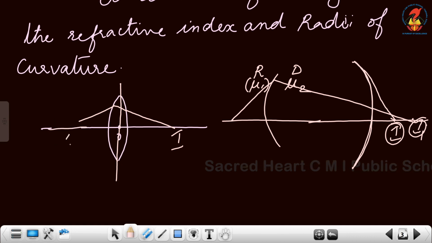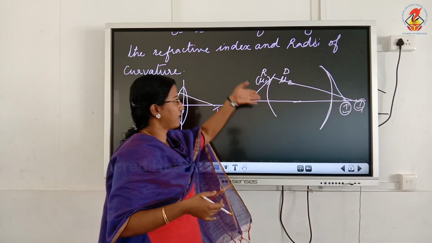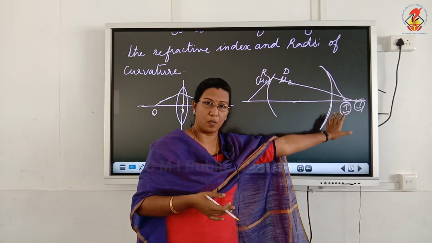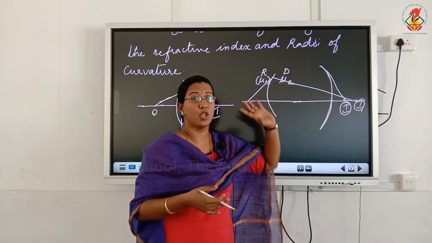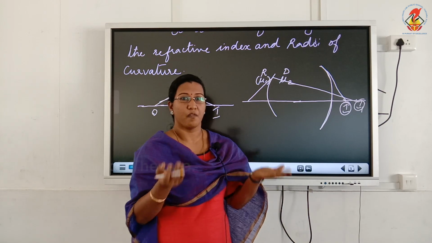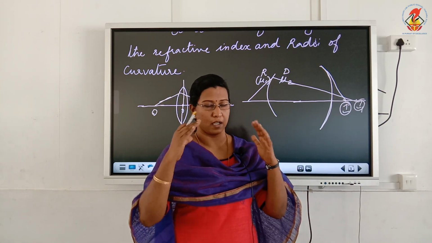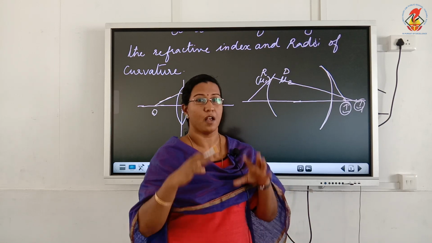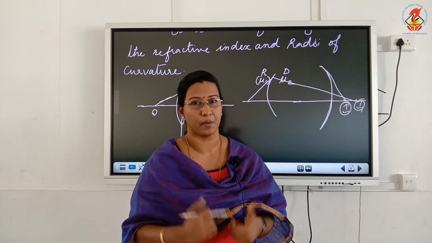When we are deriving this equation, the first refracting surface forms an image I1, which is actually a real image, but it acts as a virtual object, meaning the imaginary object for the second refracting surface. And the second refracting surface using that object forms the final image I. This is how we derive this equation.